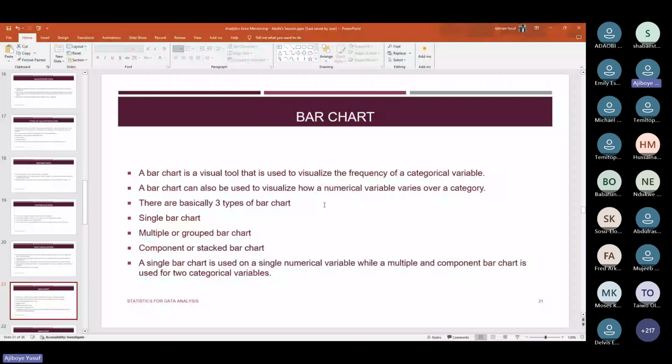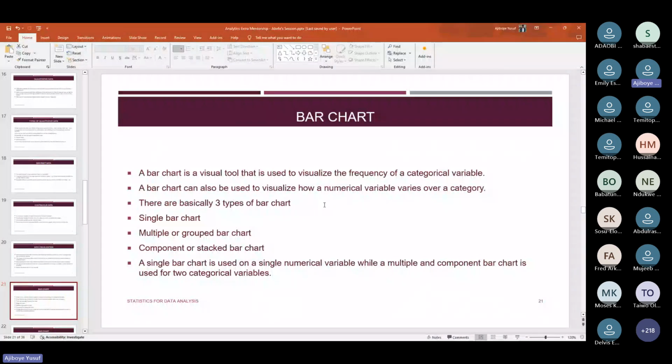Revenue generated is a numerical variable. But if they now say, in Nigeria, sum of revenue by state, average revenue by state, it means that we've partitioned a numerical variable based on category.